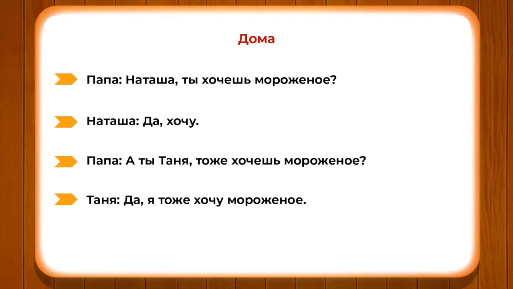So here you have seen the construction. We have the father asking Natasha first, then Natasha is replying, yes, I want. Then the father is asking Tanya whether she would like to have ice cream, and Tanya also answers, yes, she would also want. So these kind of constructions you can also make. It hardly has 3 to 4 sentences, but it is very useful as far as the information and the construction in a particular setting like at home is concerned.